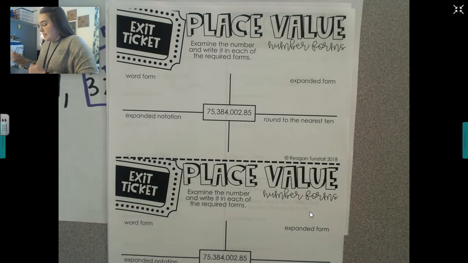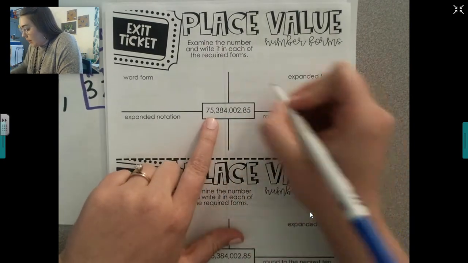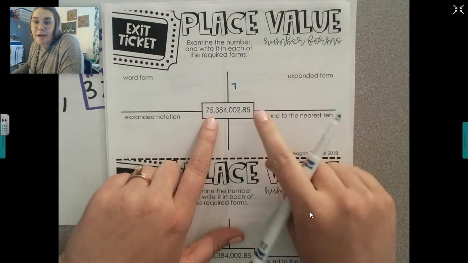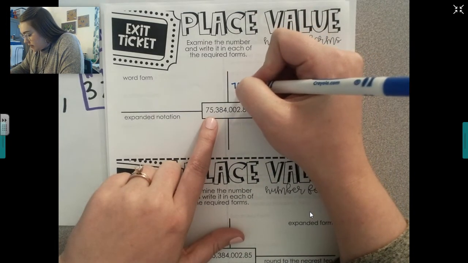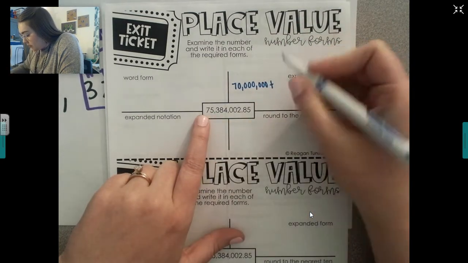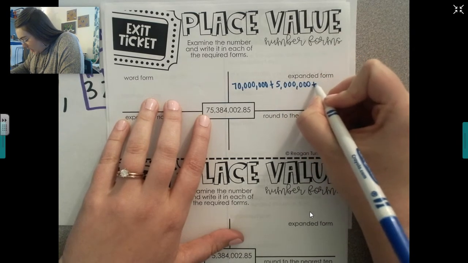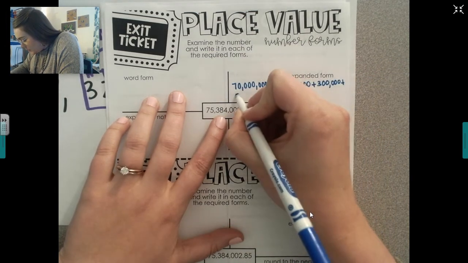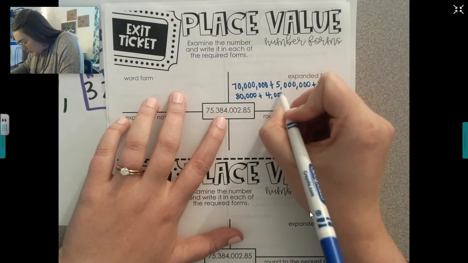So when I write a number in expanded form, I start from the left and I work all the way to the right. So I would write my 7 and I would fill the rest in with zeros. And I am not going to do the tenths and the hundredths place yet. So I would do 70 million plus my 5 million plus my 300,000 plus 80,000 plus 4,000.